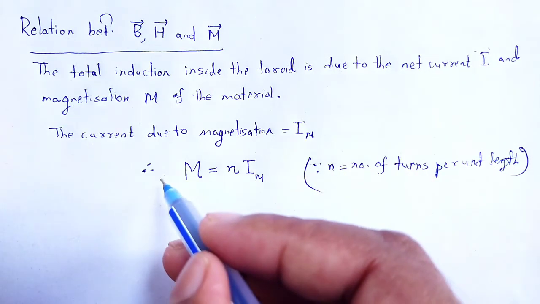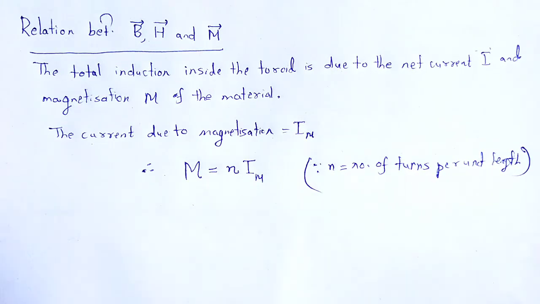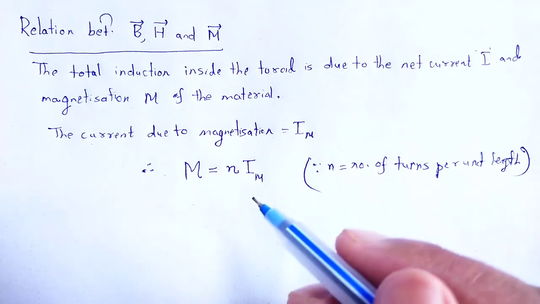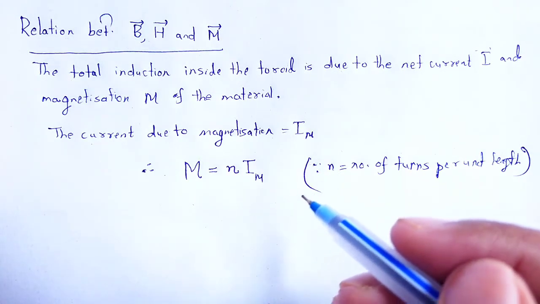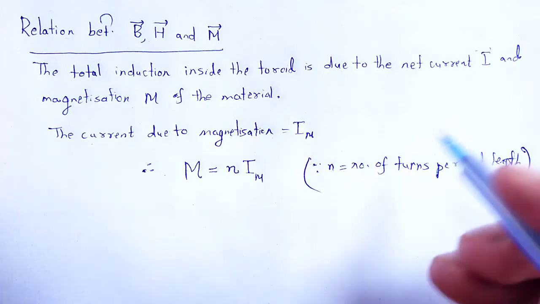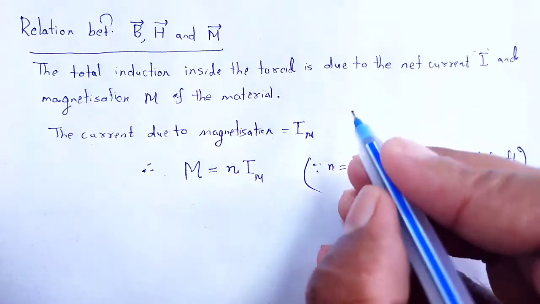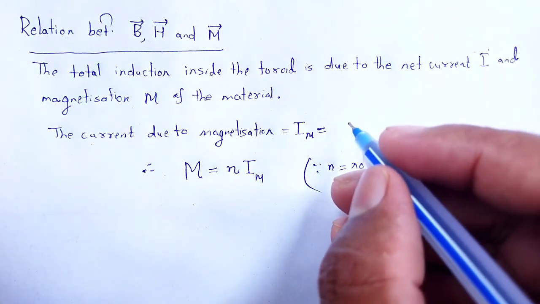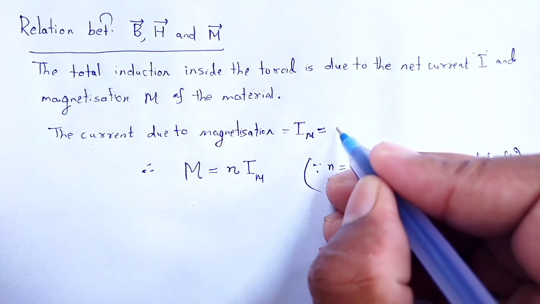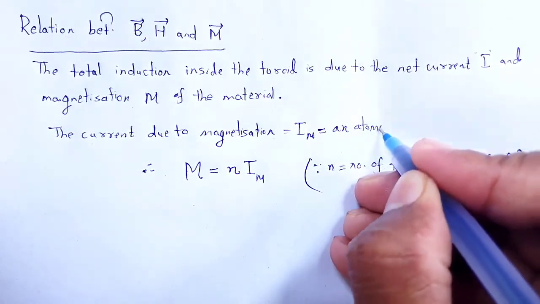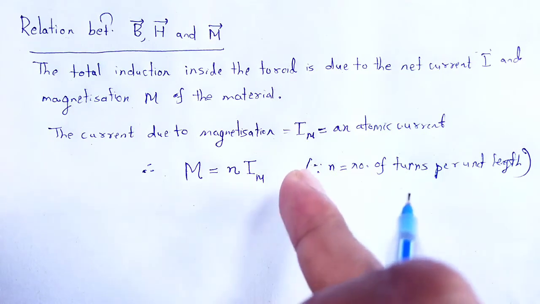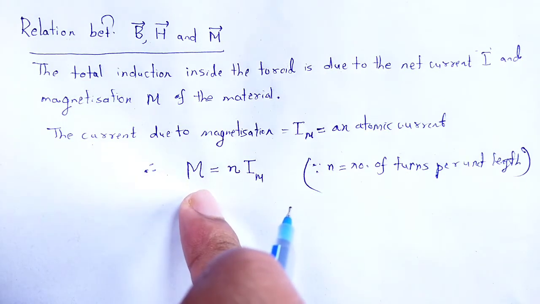Here Im is an atomic current that gives rise to the magnetization M of that material.